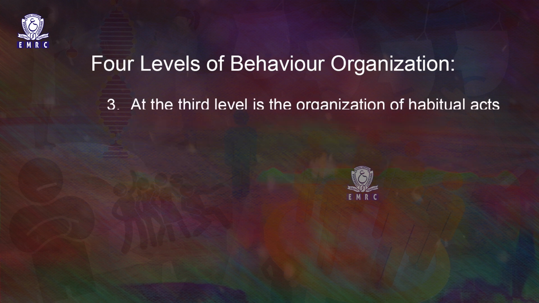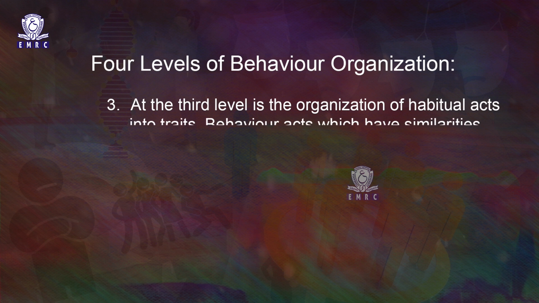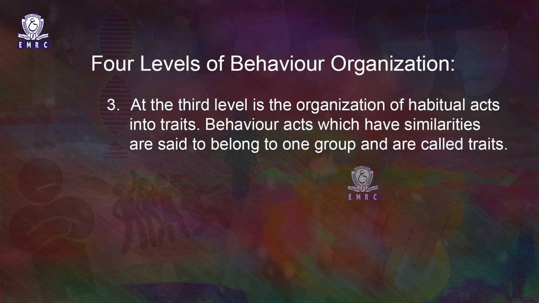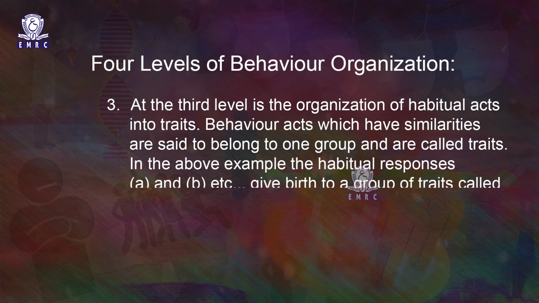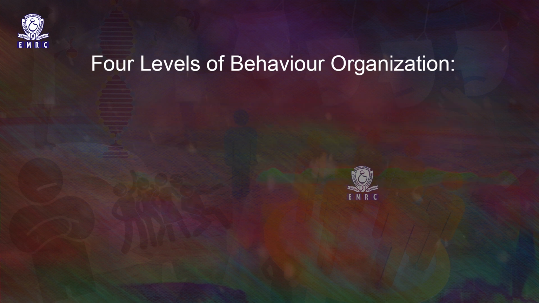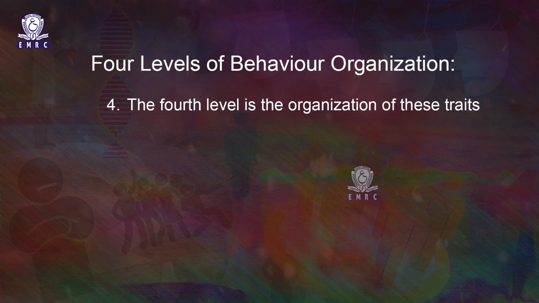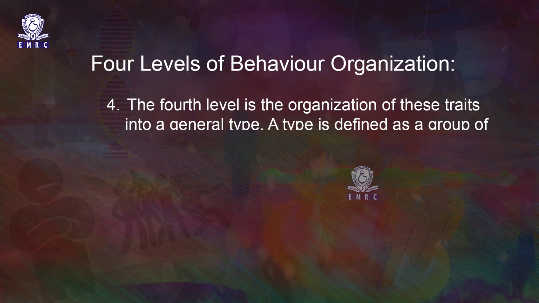At the third level is the organization of habitual acts into traits. Behavior acts which have similarities are said to belong to one group and are called traits. In the above example, the habitual responses A and B etc. give birth to group traits called shyness. The fourth level is the organization of these traits into a general type.